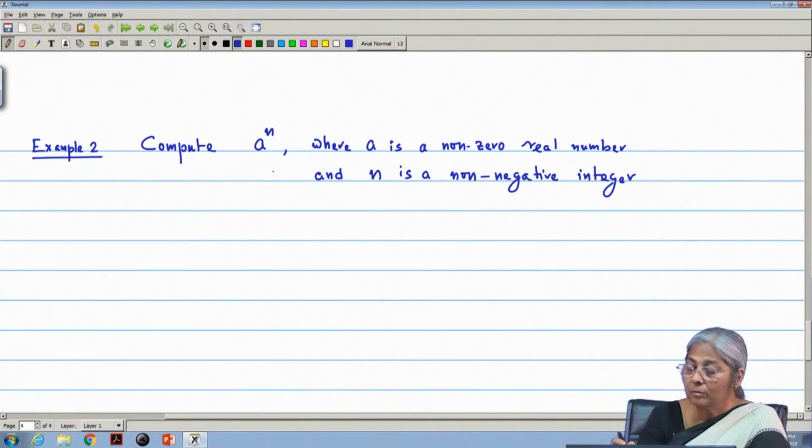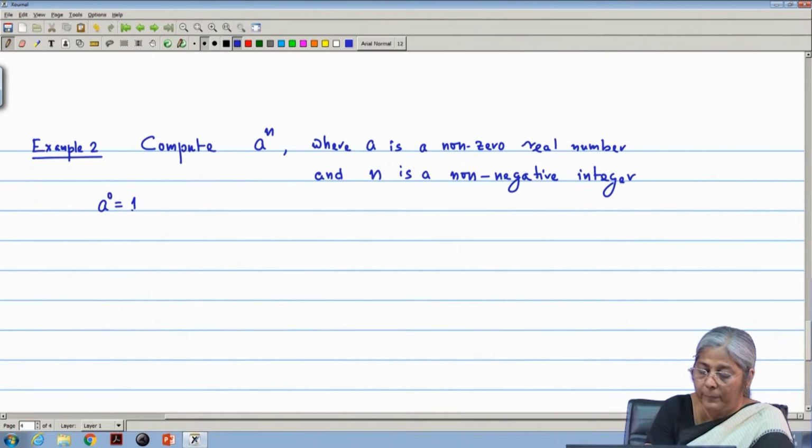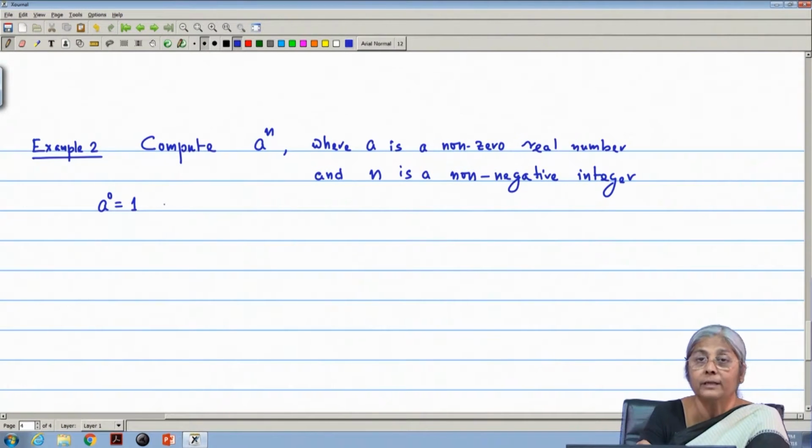Now, we know that a to the power 0 is 1. So, when n equal to 0, it will return 1. So, for n equal to 0, a to the power 0 equal to 1.